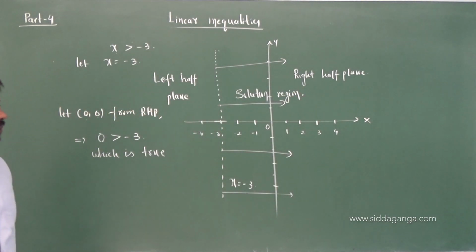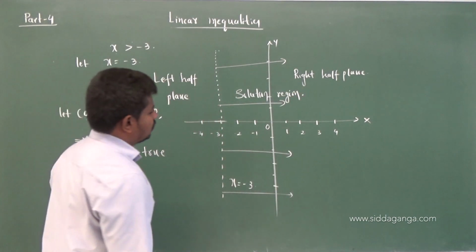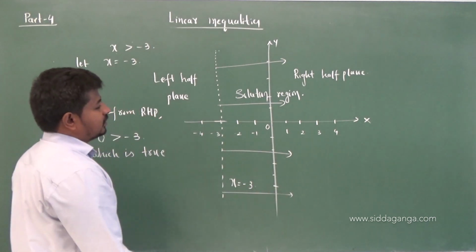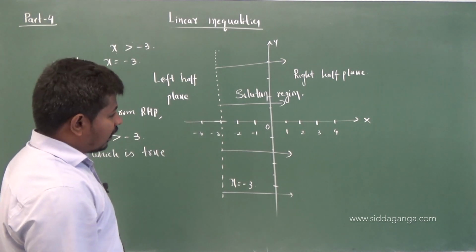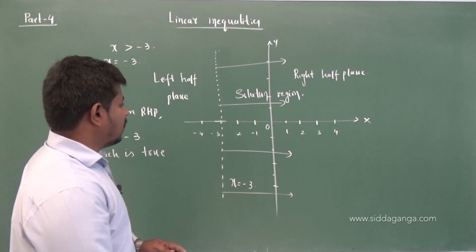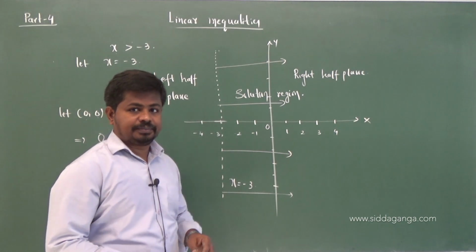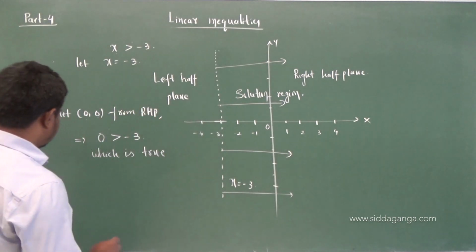At last you have to mention the solution region: the right half plane is the solution region, except the points that lie on the line x equal to minus 3. So, you have to mention this. What do you write?